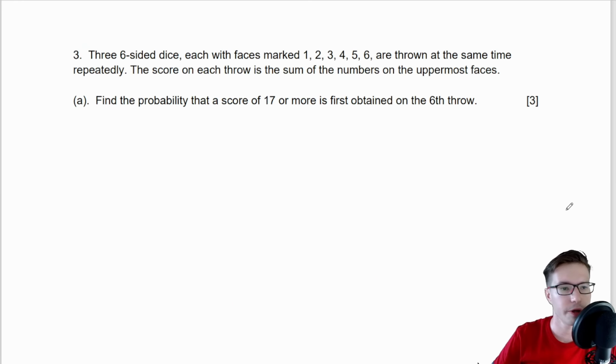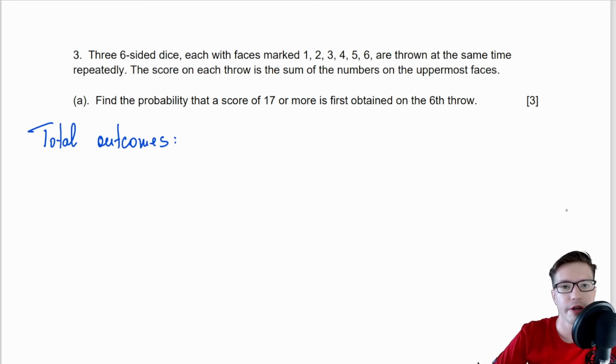Okay, the next question is about 3 dice. And first of all, I want to find the total number of all possible outcomes. Now, when I combine independent events, I will have to multiply the number of the outcomes of each to get the total number of the outcomes.